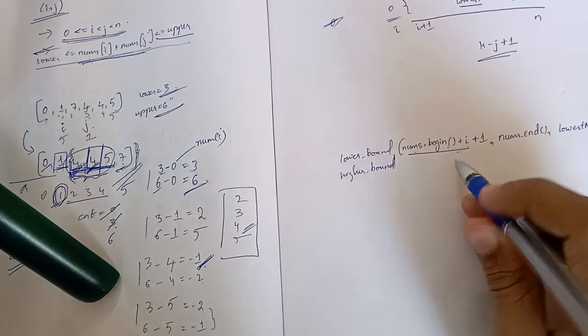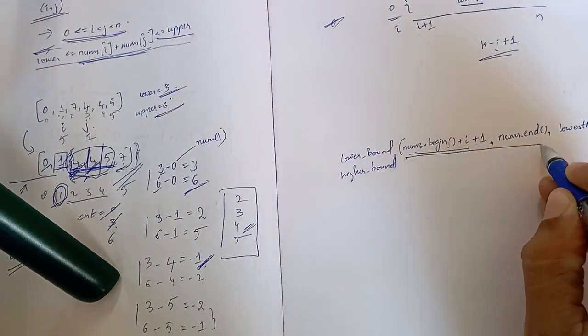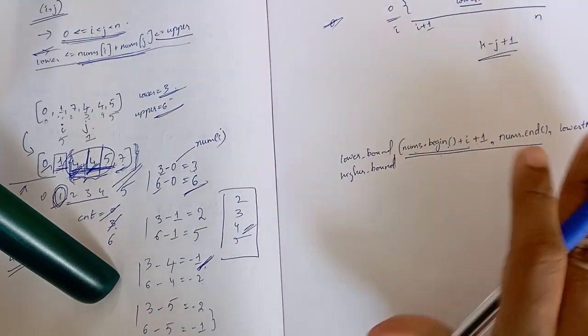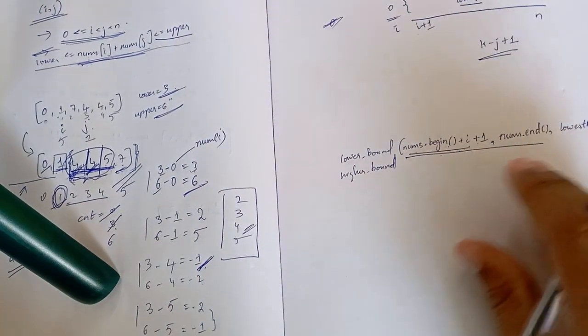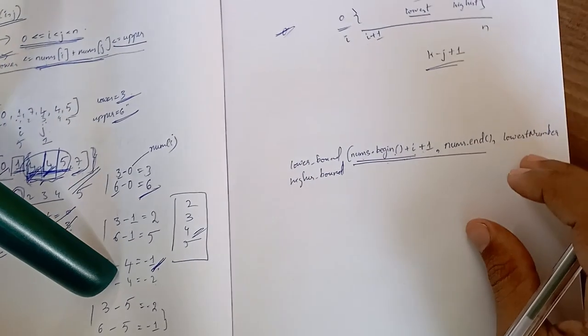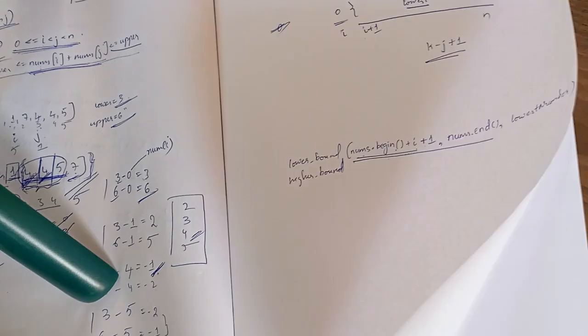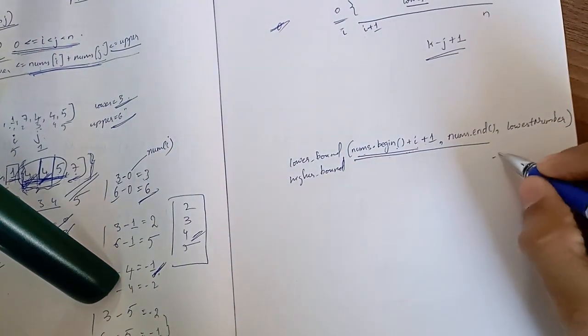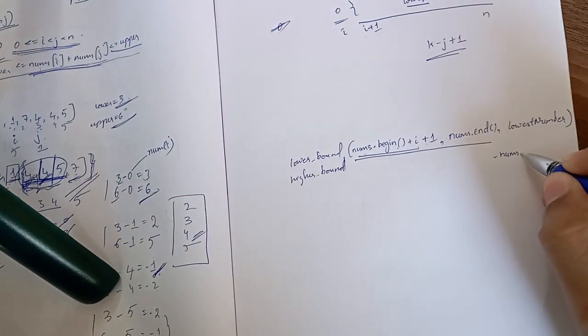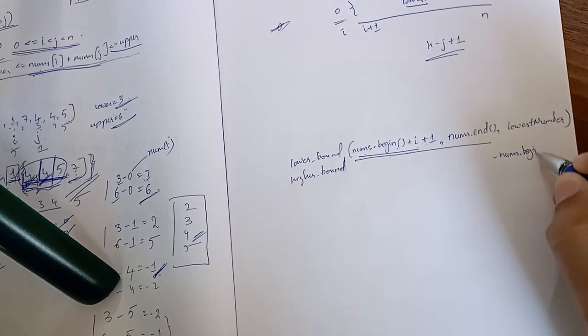We need to check for the lowest number from the subarray starting from the next index of the present index to the end, and we need to subtract nums dot begin.